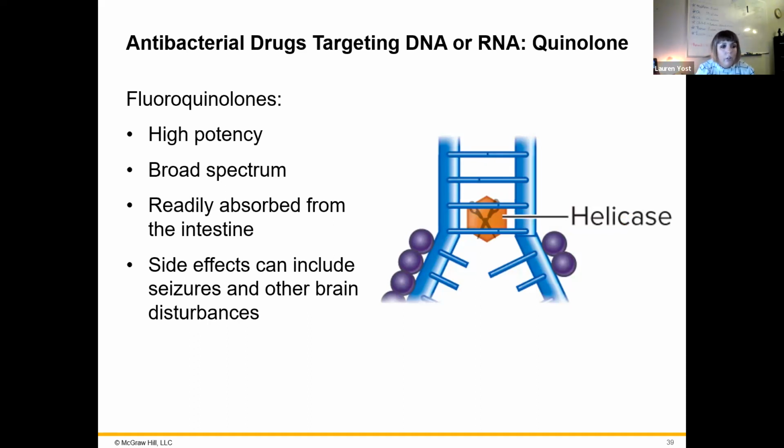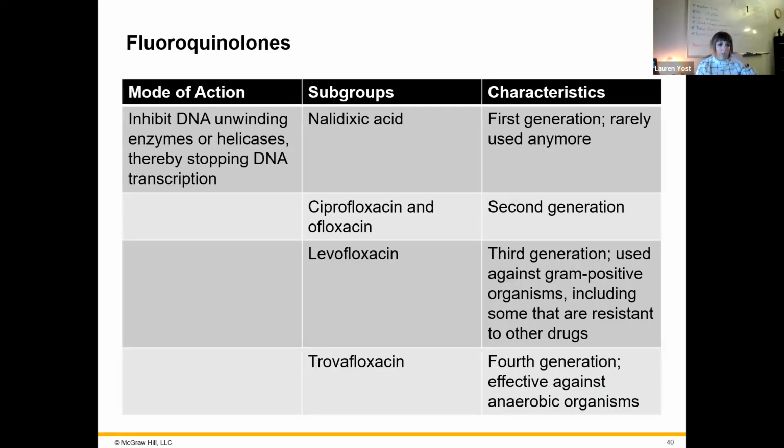Next, we have the ones that affect DNA and RNA. These are the fluoroquinolones. They are high potency, broad spectrum, absorbed in the intestine, and they have serious side effects like seizures, because affecting DNA is pretty universal. Sorry to break it to you, whether you're talking about bacteria or eukaryotes, they're pretty similar. This is just talking about some of the fluoroquinolones. I would be aware of ciprofloxacin and ofloxacin.